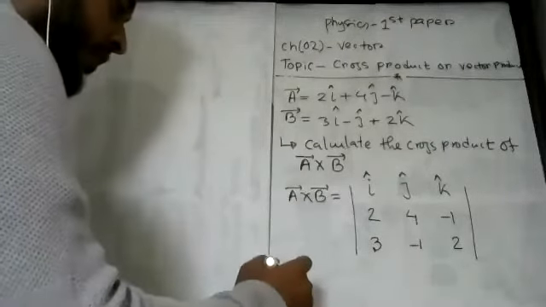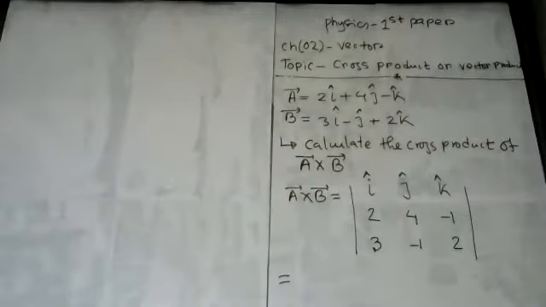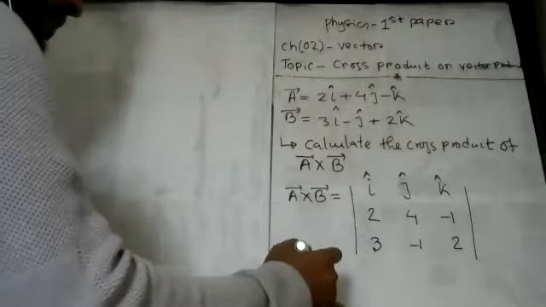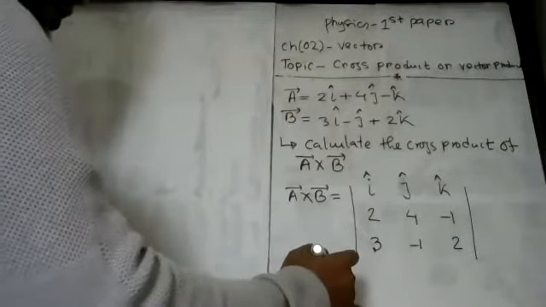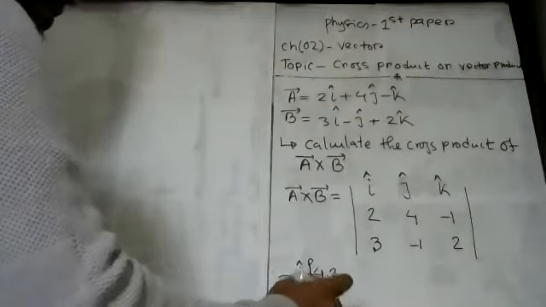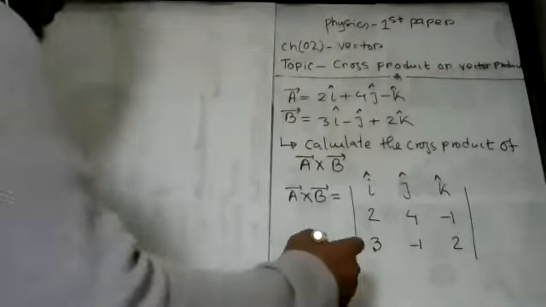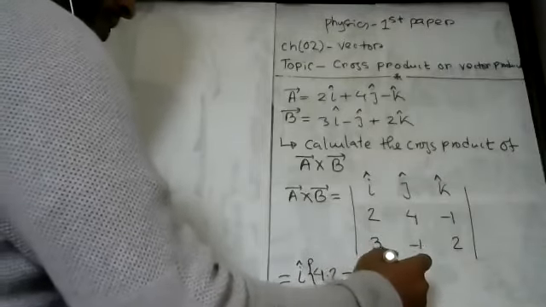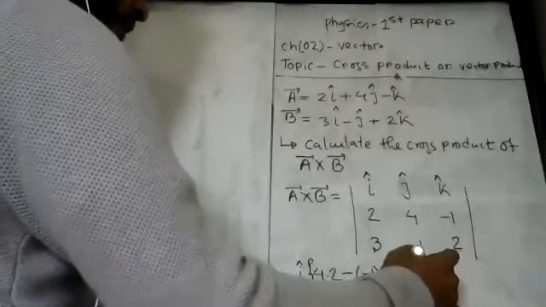So it will equal to what? At first we should consider i hat. So 4 multiplied by 2 minus minus 1, and then minus j hat.